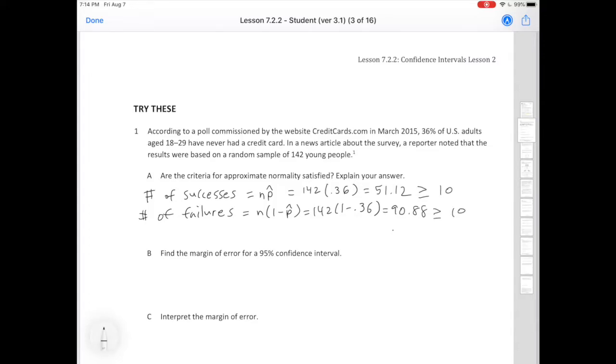Both of these are bigger than 10, so this means the criteria for approximate normality are satisfied.